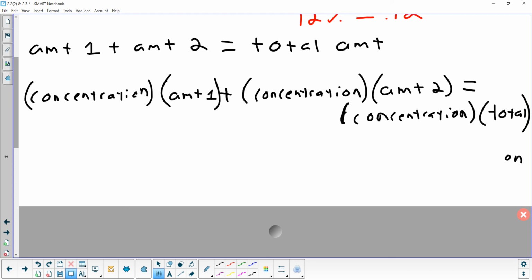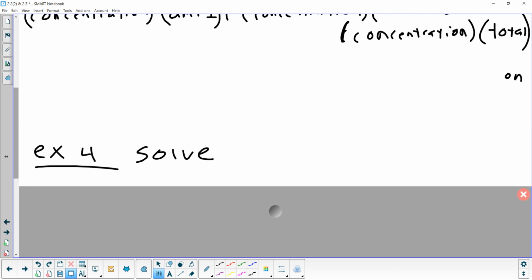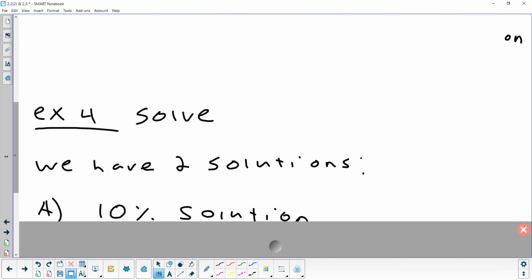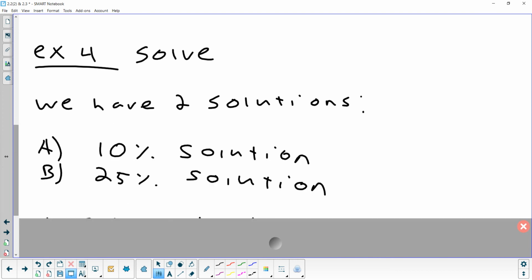All right, so let's look at an example where they give us two solutions and we'll mix them together to make something. So we have a 10% solution and a 25% solution.